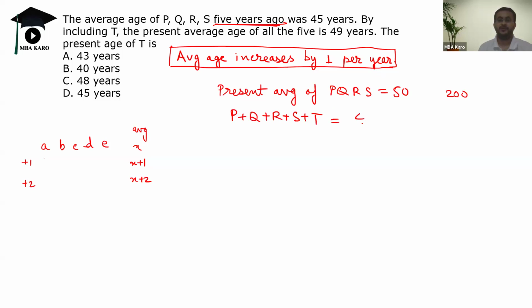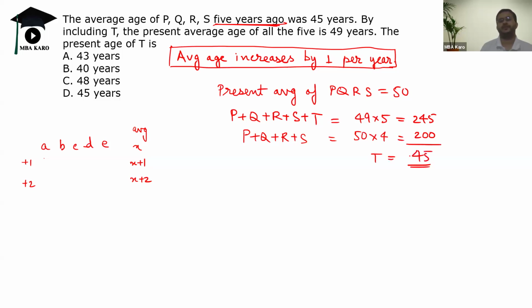The total is 49 into 5, that is 245. PQRS total is 200, so when you subtract, T is equal to 45. Simple question, just to teach you that average age increases by 1 per year.